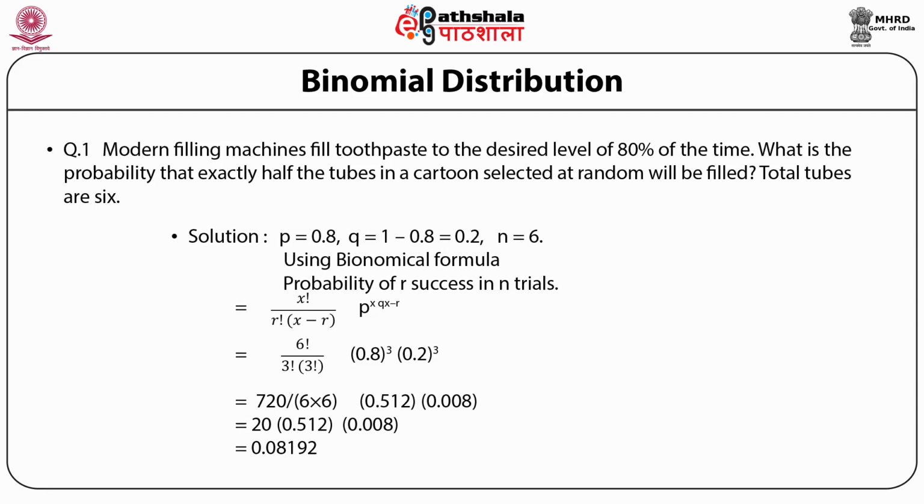Probability of success is 80%, p is equal to 0.8, and q is calculated from 1 minus 0.8, that is 0.2. Using the binomial formula, probability of r successes in n trials is nCr p raised to the power r, q raised to the power n minus r. So using this formula, we will calculate.